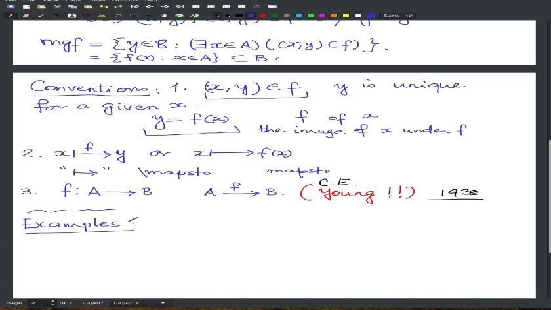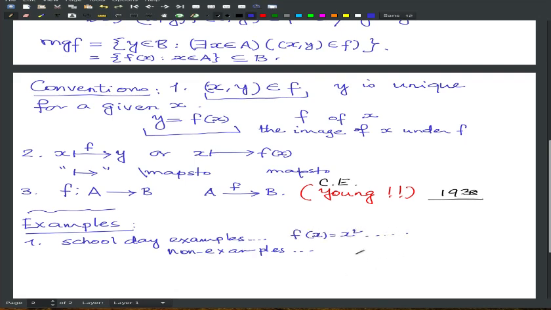Obviously, I'm not going to repeat all those school day examples, so I just write it out, as well as non-examples, which you have seen so far, like f(x) equals x squared, x cubed, and so on, and y squared equals x is not a function, and so on.